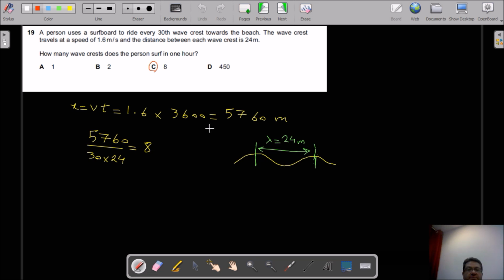Now divided by 30 wave crests, because for 30 crests the distance between two crests is 24, so 5760 divided by 30 times 24 meters, which answer is 8 wave crests. So 8 wave crests does the person surf in 1 hour. So C is right.